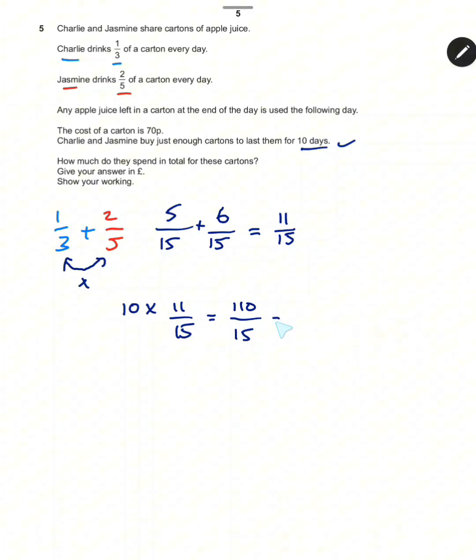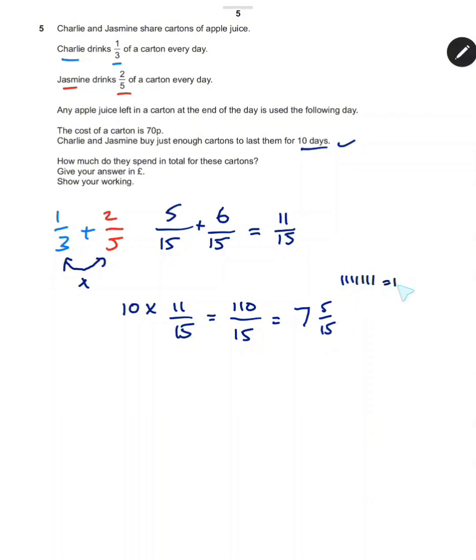Now I'm going to change that to a mixed number so we can see exactly how many whole cartons they drink. So how many 15s into 110? I'm just going to count up in 15s: 15, 30, 45, 60, 75, 90. That would be 105. So that's 1, 2, 3, 4, 5, 6, 7, and then there's 5/15.